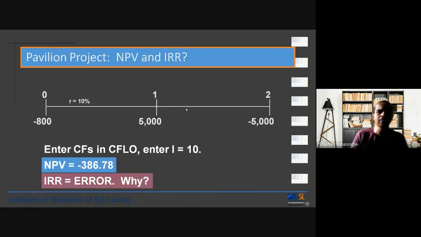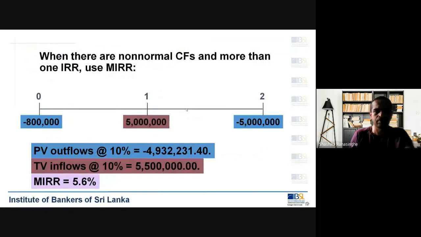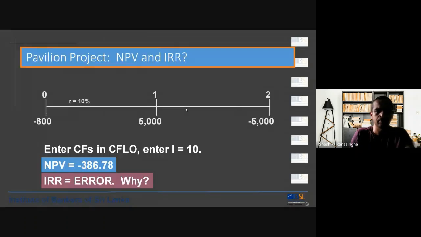Shall we calculate MIRR for this? Yes, another exercise.